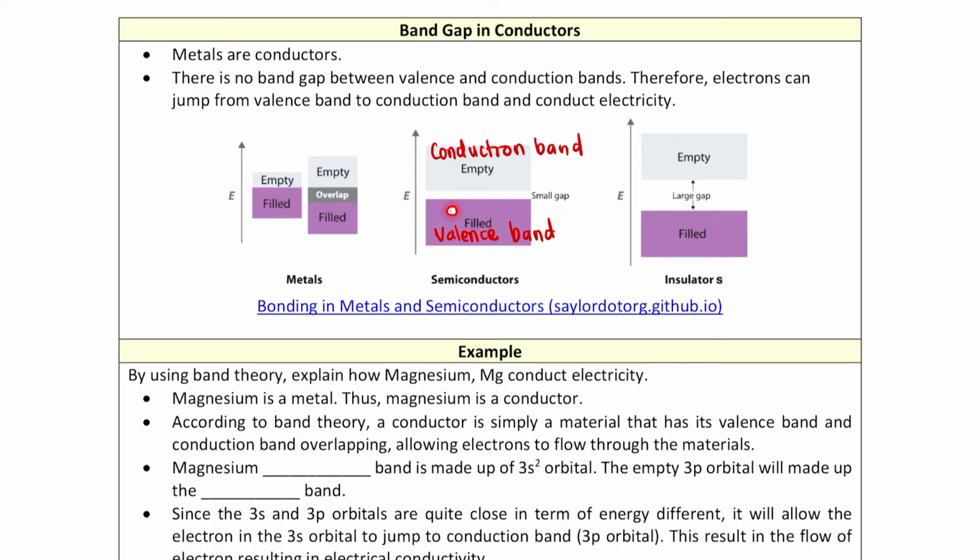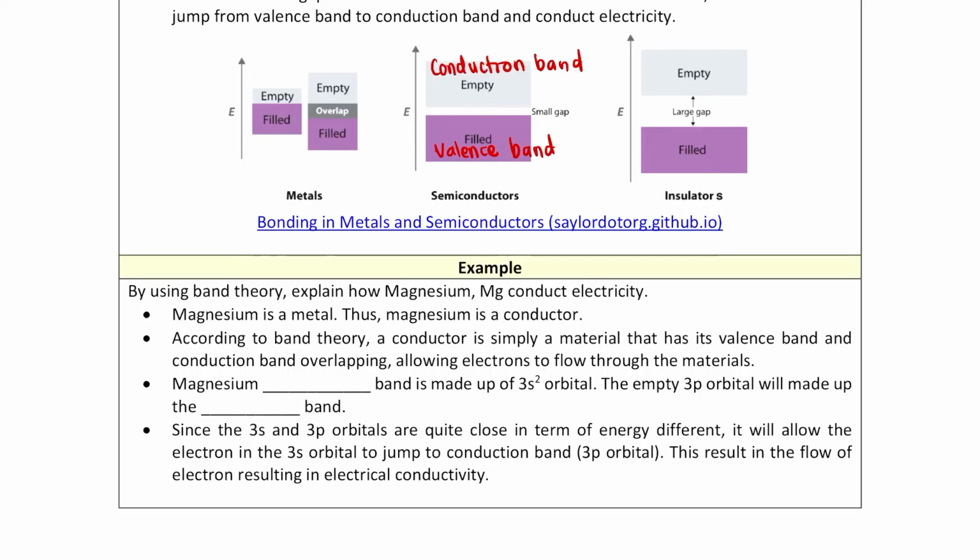Okay, if you macam increase the temperature so that the electron can gain energy and jump to conduction band, ataupun there is another method lah, okay, by adding impurities to semiconductor, then dia akan boleh conduct electricity. Okay, that one kita panggil doping, but you are not going to learn that. Okay, so what you need to know adalah band gap in conductors tak ada lah.